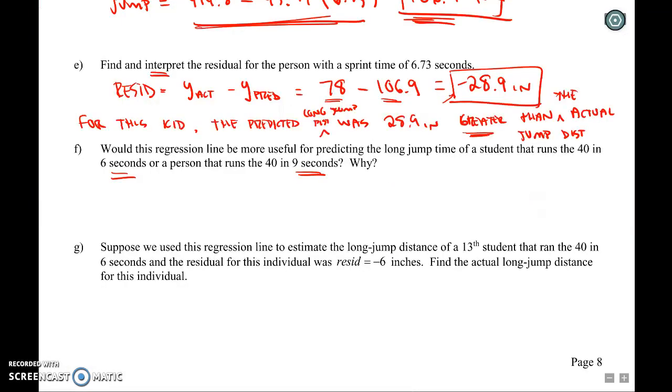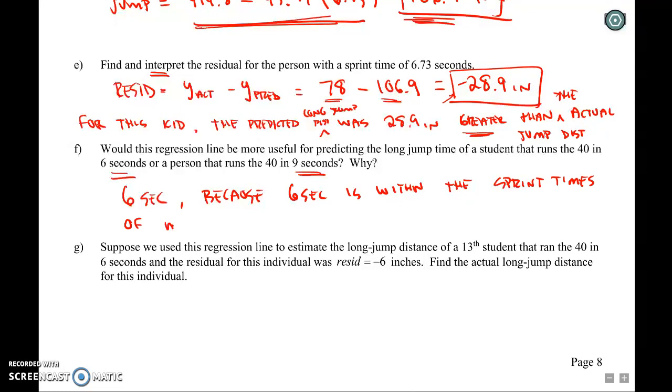So 6 seconds, because 6 seconds is within the sprint times of the data set. 9 seconds is not within the data set.